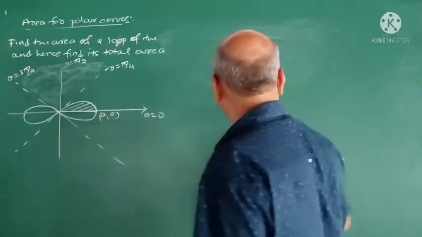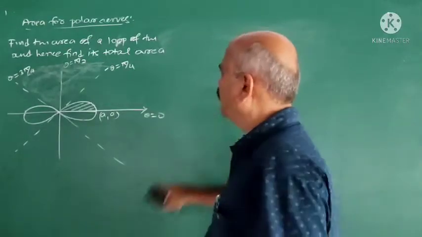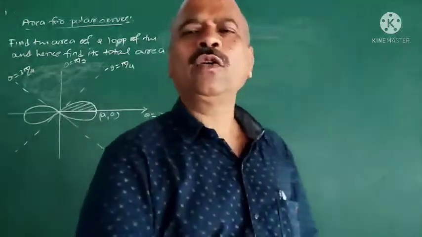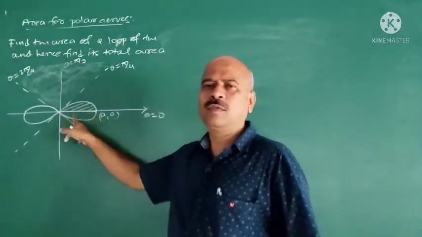And what is the area of the complete curve? Total area is 2 into the area of this.